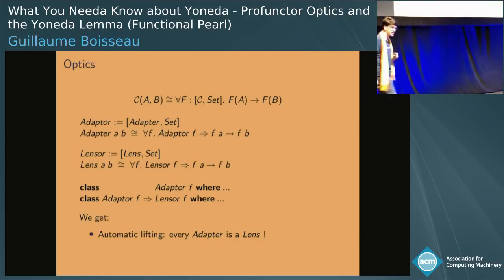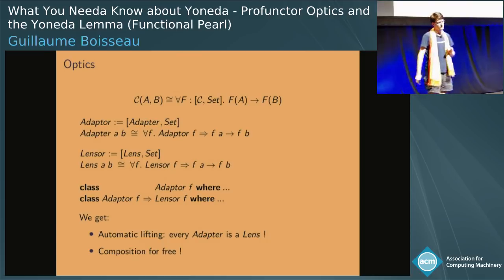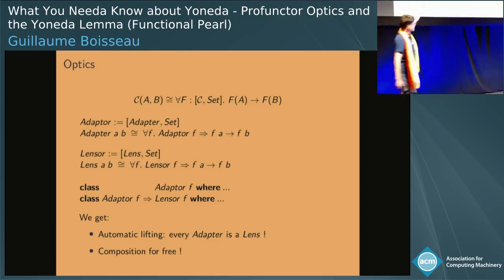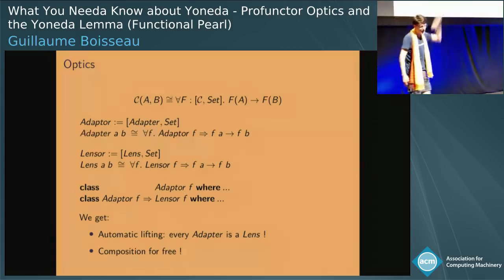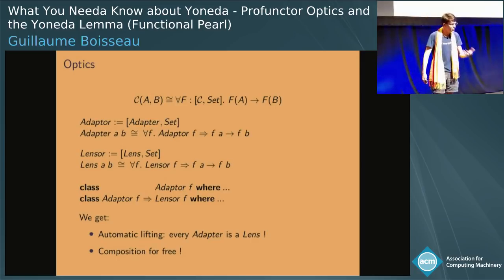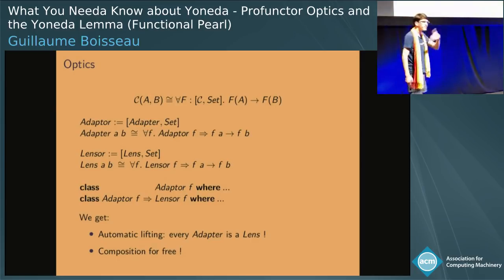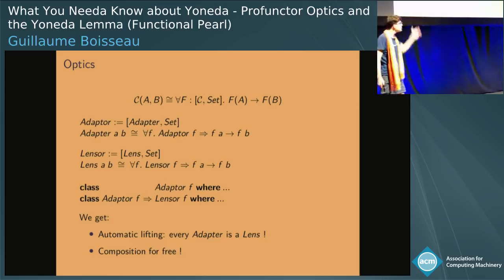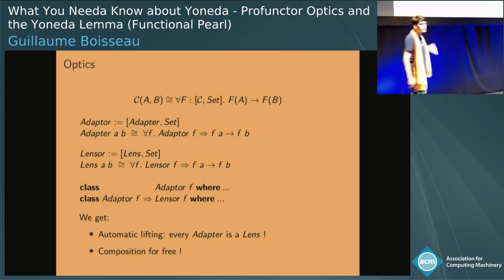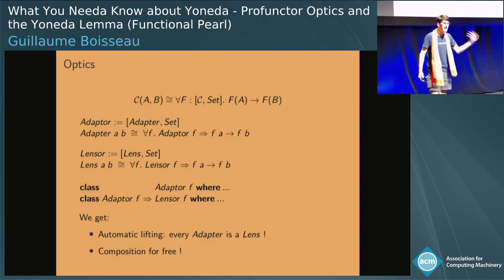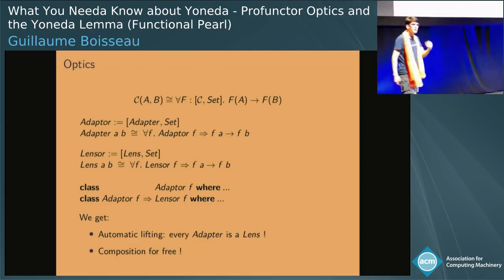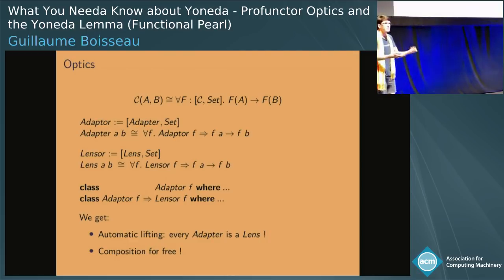And the other thing we get, and that's very interesting, we get composition for free. Because as you can see, the things on the right-hand side of the isomorphisms are arrows, polymorphic arrows, but kind of normal Haskell arrows we're used to, with for-all quantifications. That's fine. If I can go from FA to FB and from FB to FC, it's quite evident how in Haskell I would simply compose those and go from FA to FC.